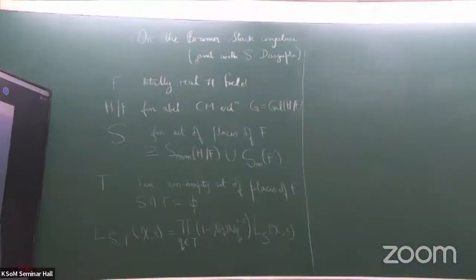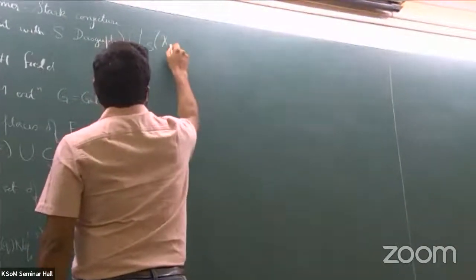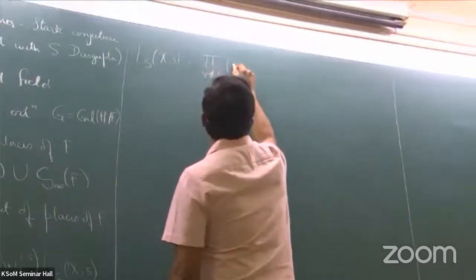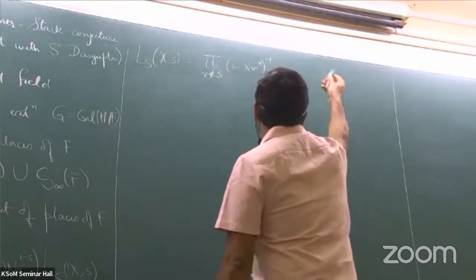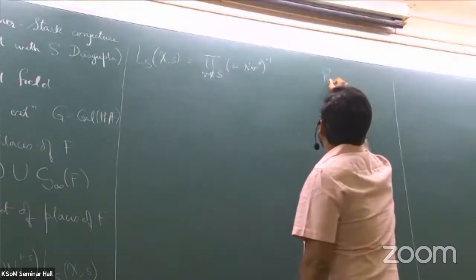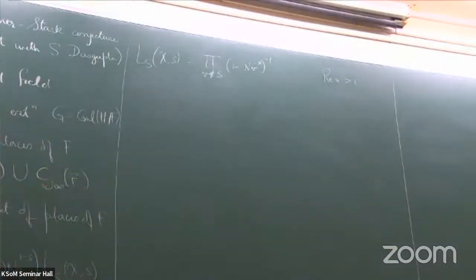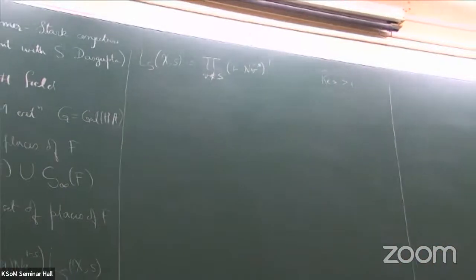This is just the L function with all the Euler factors outside S. So L_S(chi, s) is the product over all v not in S of (1 minus chi(v) norm of v to the minus s) inverse, and of course all this makes sense a priori only for real part of s bigger than 1. Then you have a meromorphic continuation to the whole complex plane, possibly a simple pole at s equal to 1. So all the usual things which I'm not going to say much about.